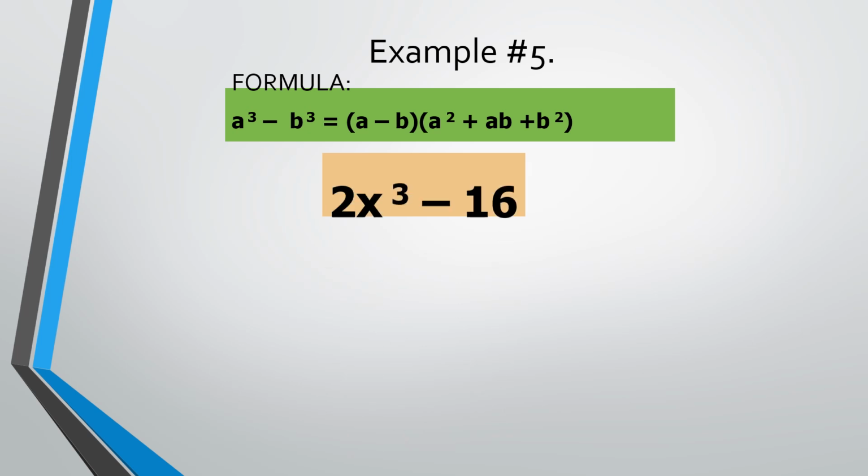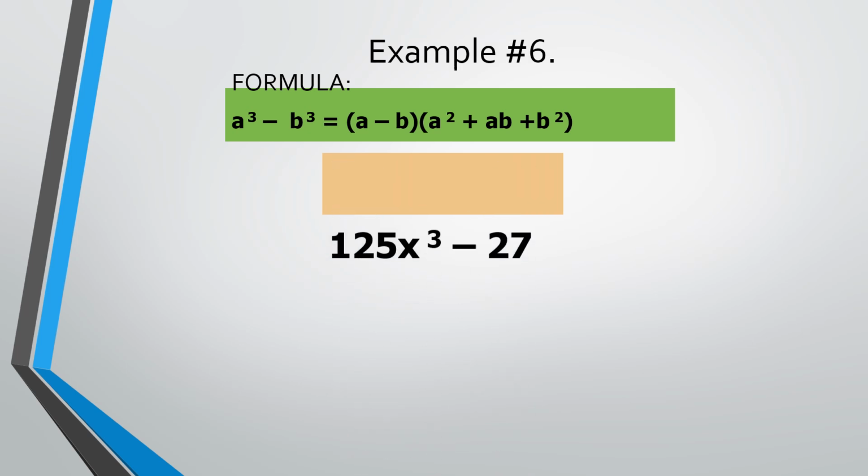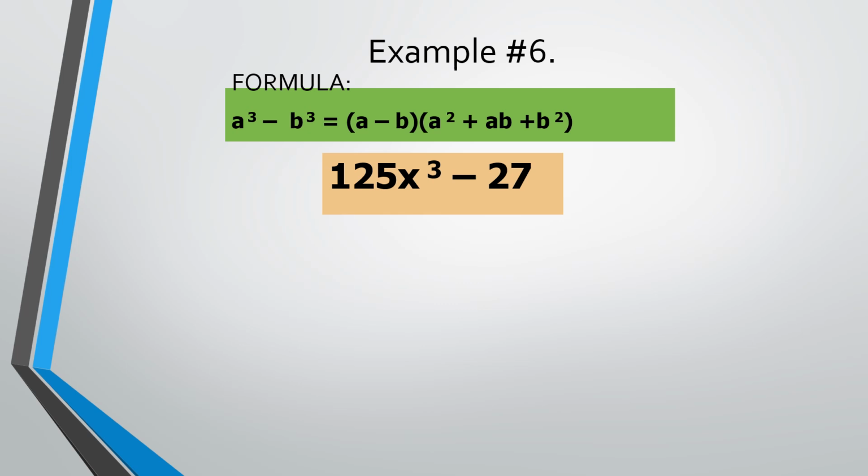Another example. Okay, that's the same with what we had earlier. We have 125x cubed minus 27. The first term is raised to the power of 3. However, the second term should be taken care of. But we know that 3 times 3 times 3 is 27. Okay, let's solve this problem.